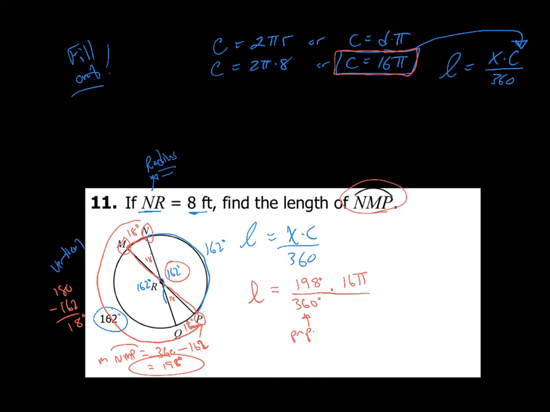But first, I'm going to deal with this division to get the proportion. 198 divided by 360 gives me a little over half the circle. So that's going to be 0.55 times 16 pi, which is approximately 27.65.